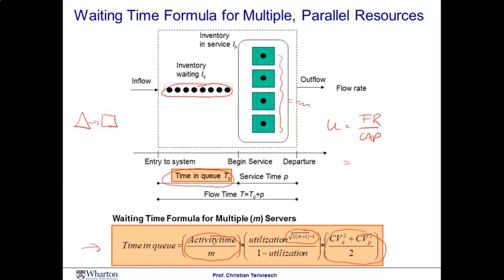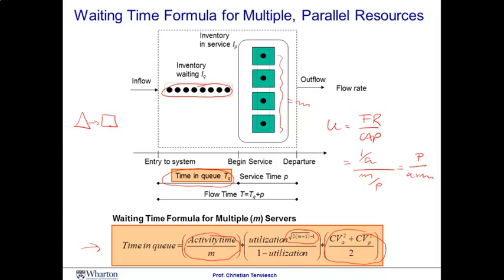Now, if the flow rate is driven by demand, I simply have a customer arrive every a units of time, where a was the inter-arrival time, and I can write my capacity, just like in every other module in this course, as the number of resources divided by the processing time. So you can see here that I can simplify the utilization to p divided by a times m.